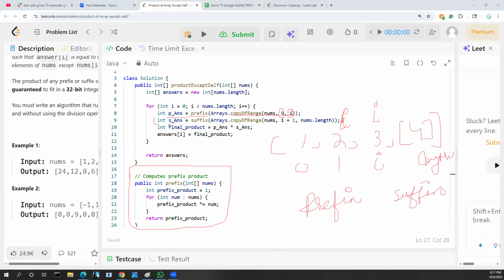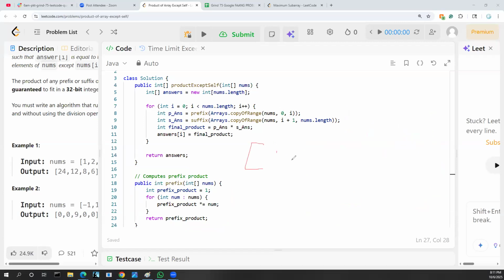It will repeat the same for suffix, except that it will take your indices from I plus 1 to the nums dot length. I don't want to include I. So in a case where I have my 1, 2, 3, 4, and I is still at 2, if I want to take 3 and 4 as suffix, I need to include I plus 1 and I plus 2.